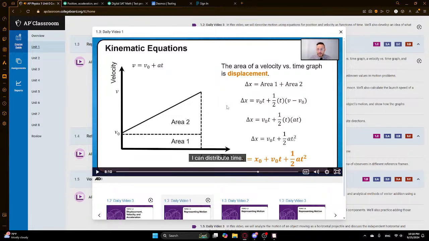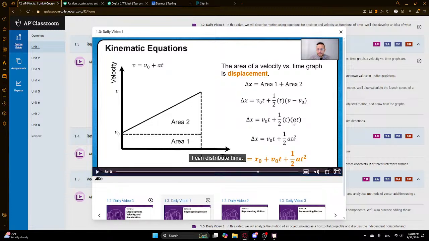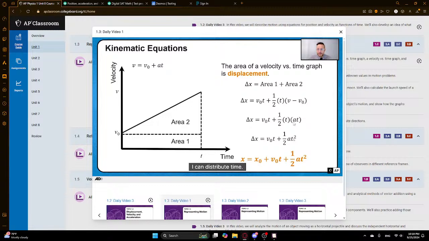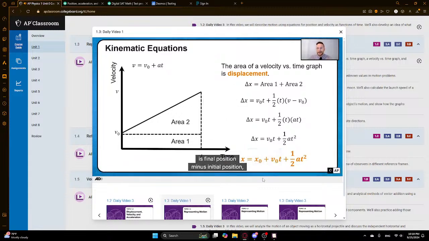I can distribute, so this becomes change in x is equal to initial velocity times time plus 1/2 times time times acceleration times time, which becomes initial velocity times time plus 1/2 acceleration times time squared.